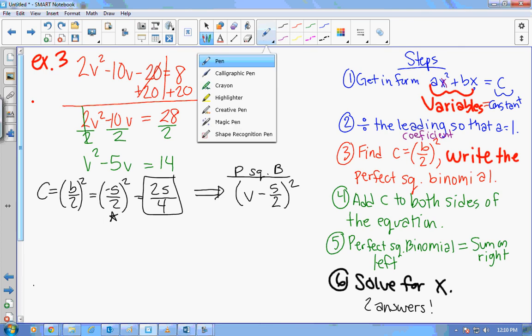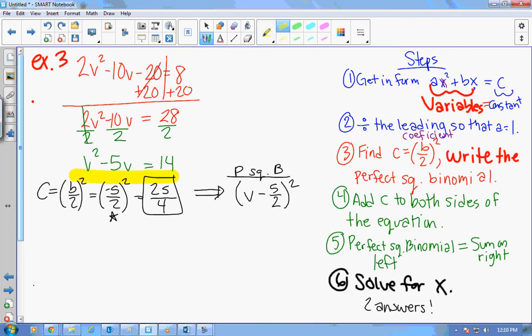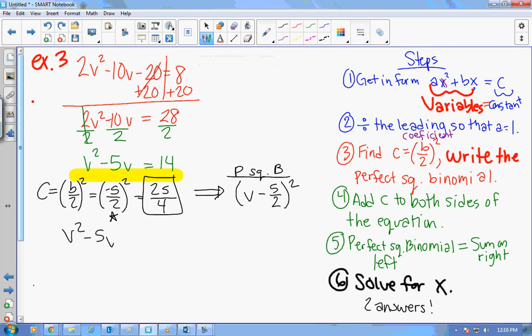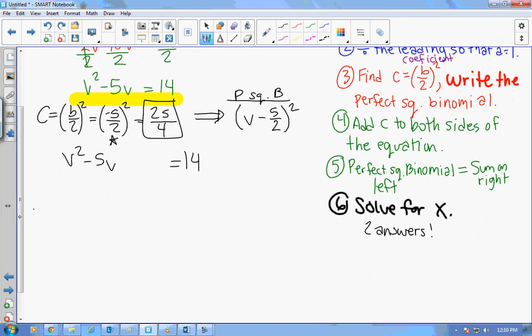So the easiest equation to write is this green one. Okay? So I'm going to rewrite it, but I'm going to leave a gap so that I can add c to both sides. What was c? Melissa, what did we find for c?